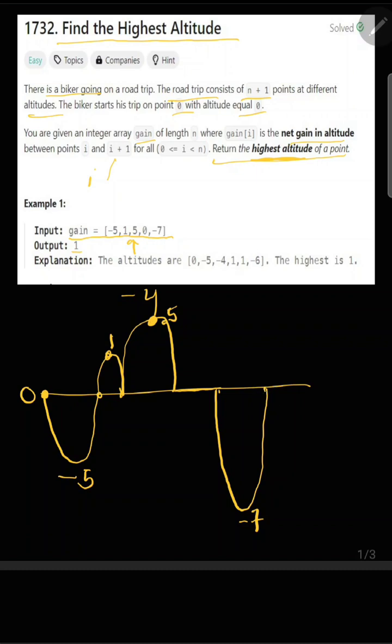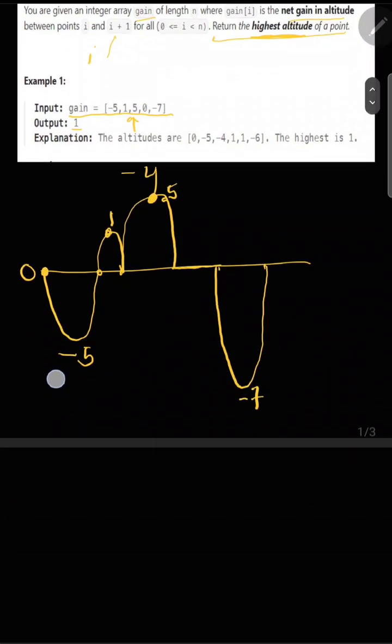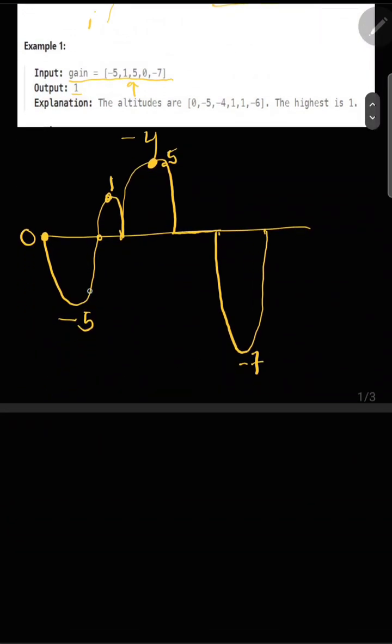So basically we need to return the highest altitude of a point. What is the highest altitude of the point? First of all we need to find the altitude of a point for every gain. Initially starting from 0, how much does he gain? A gain can be positive or negative. Here we have a negative gain, so -5.